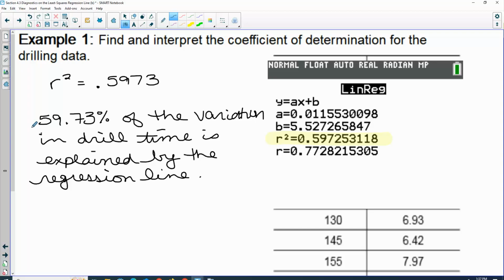Now, not all the points are on our line, so that's where that other 40% of unexplained variation comes in. For whatever reason, it wasn't just a perfect line, so there were other factors that impacted. So 60% is based solely on the depth differences, and the other 40.3% is right, things we don't have the power to know from this situation.